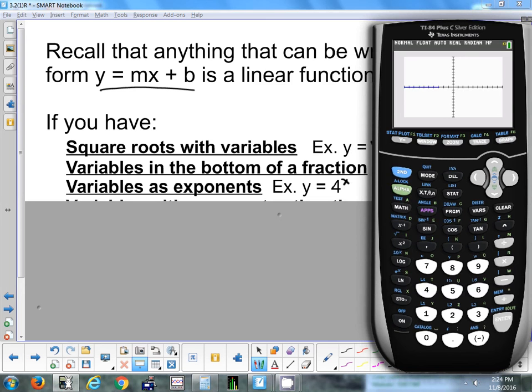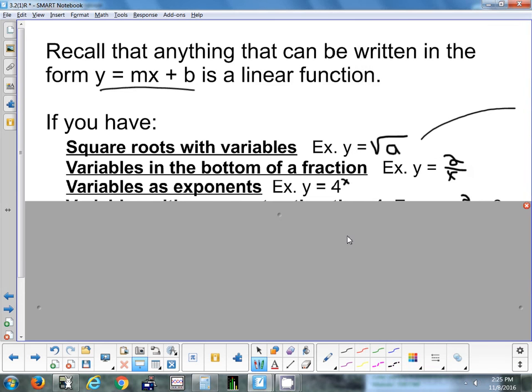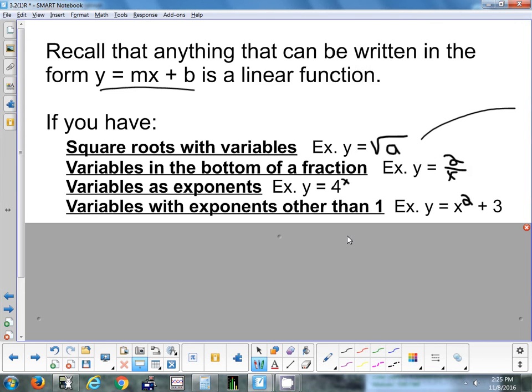It's kind of starting out flat, and then it curves up. Is that a line? Nope. So variables up in your exponent, no line. And if you put variables with exponents other than a 1, like a 2, does anybody know what this one looks like?